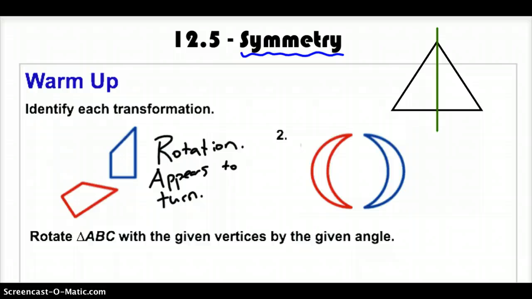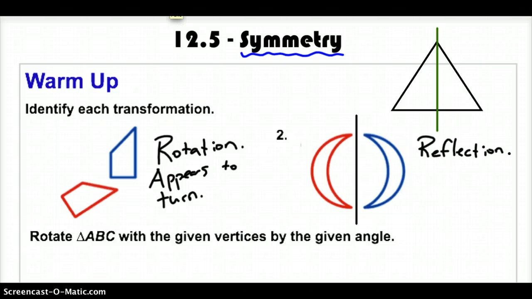Number two, again, what kind of transformation is this? Let's say we're going from the red, it looks like a moon, to the blue moon. It looks like if we reflected it about this line right here, that would produce our image from our pre-image. So we would say that this looks like a reflection.